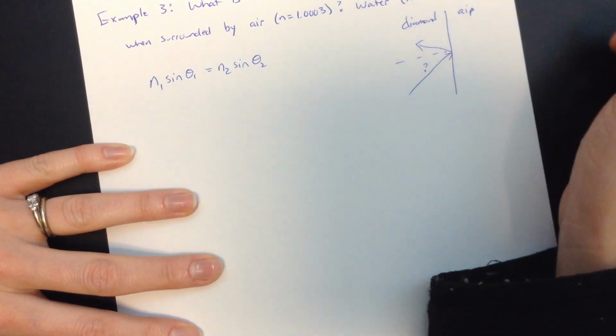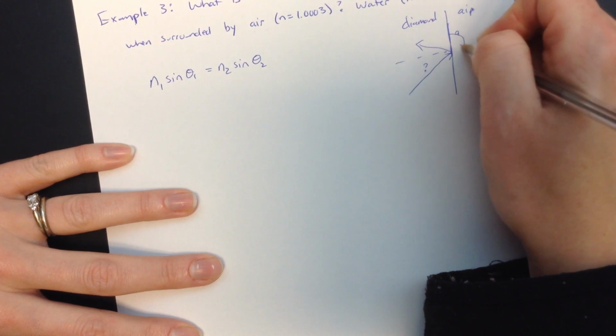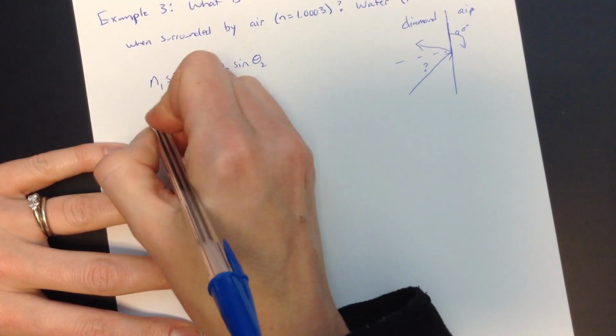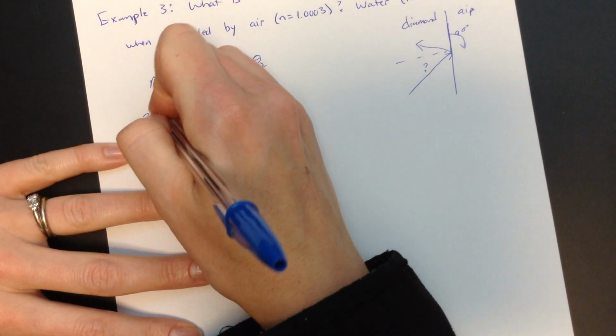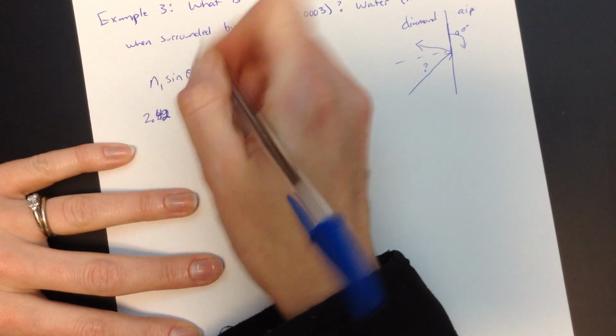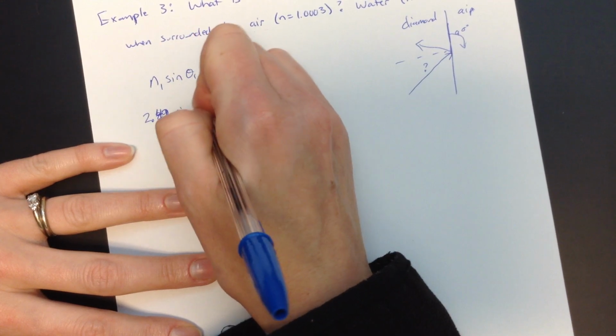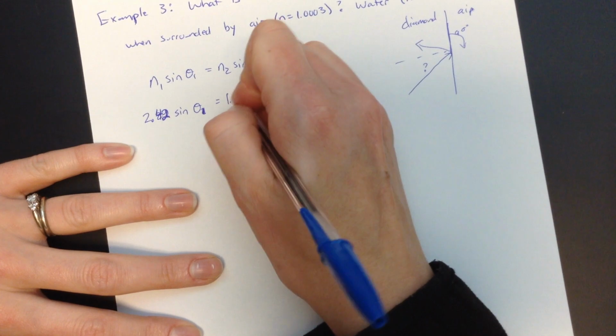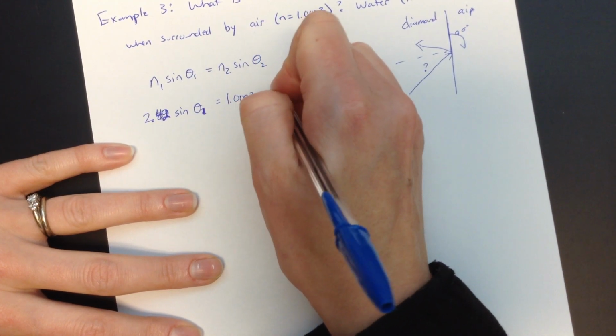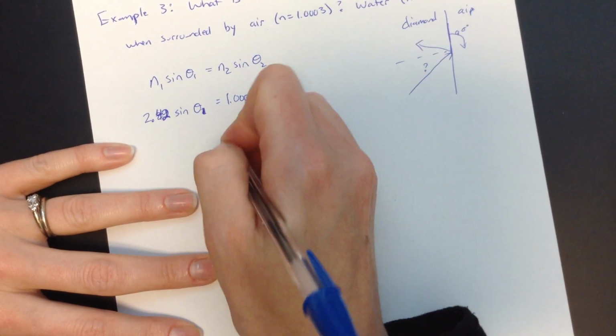So what angle would this have to be to get that 90 degrees here? Okay, so my diamond is 2.42, and this angle is what I'm looking for. And air is 1.0003, and I want the angle to be 90 degrees.